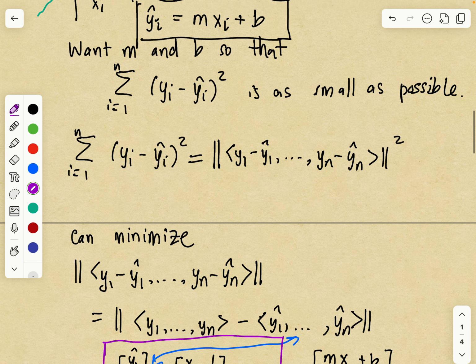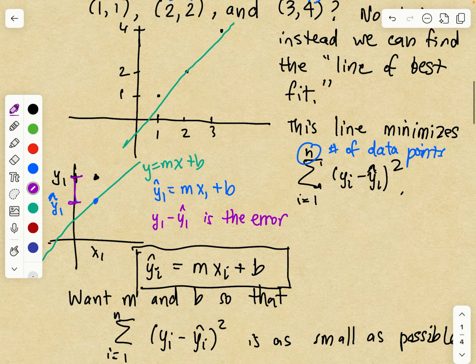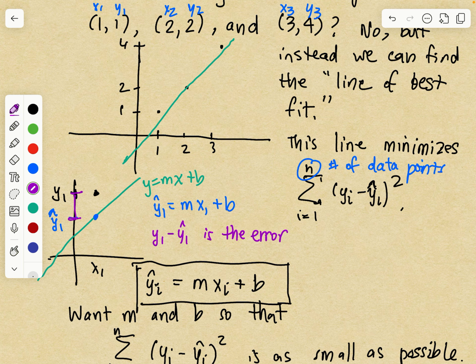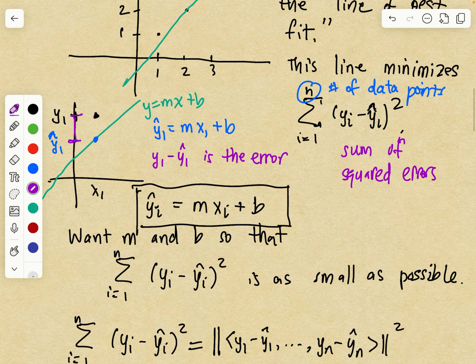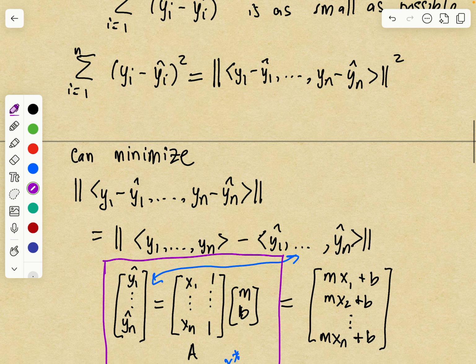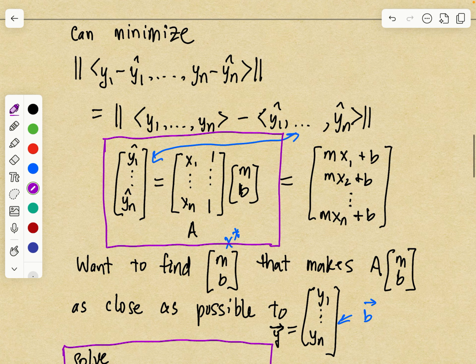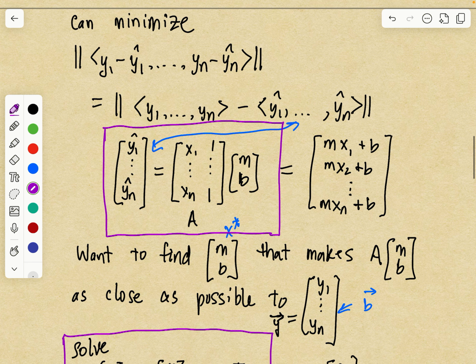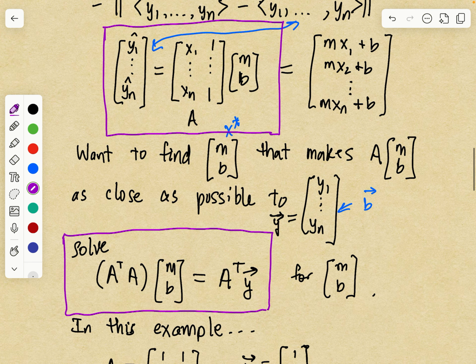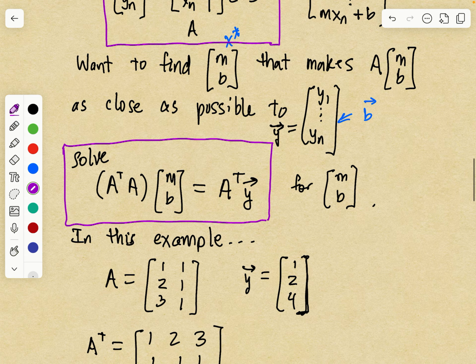The point was that we wanted to minimize this sum of the squared errors, and we saw that that amounts to minimizing the length of this vector, which is the same as finding MB that makes A times the vector MB as close as possible to y, and that's a least squares problem that we were able to solve.